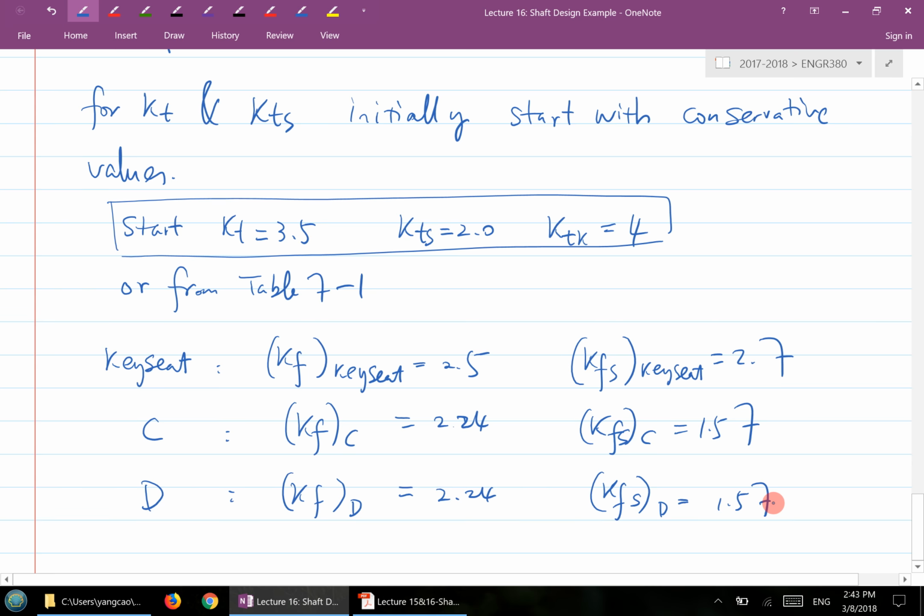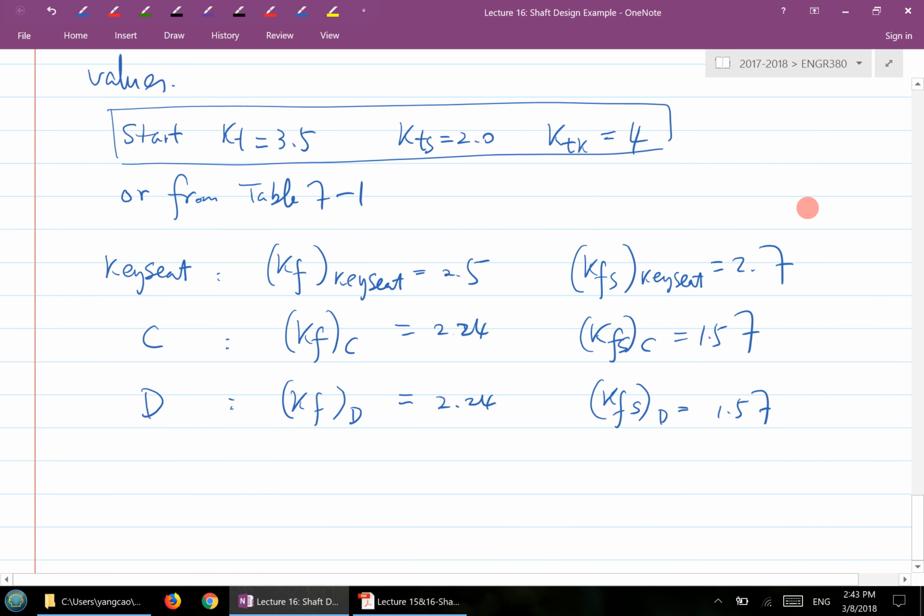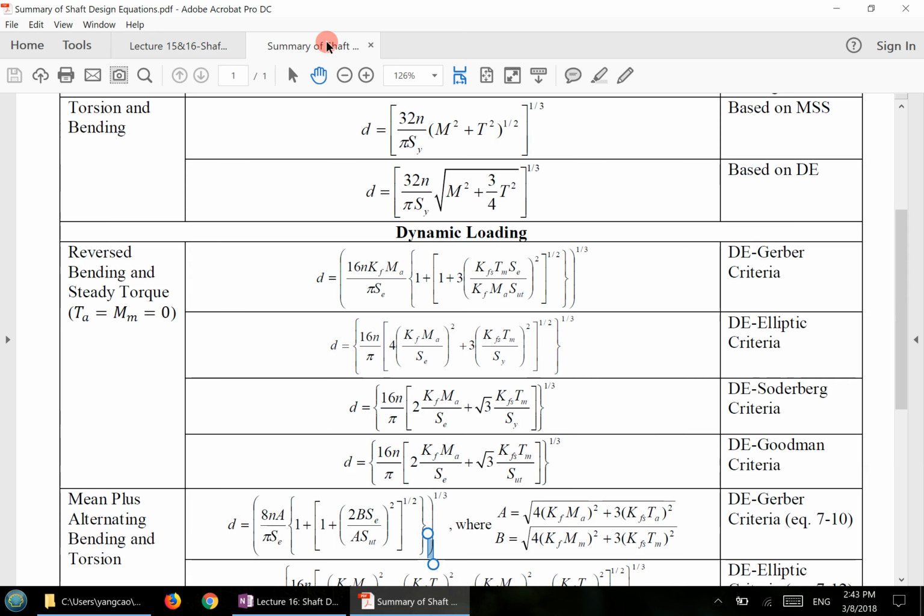Once you get this step, let's look at the shaft diameter formula here. We need to choose a formula for our calculation. Which one did I choose in this example? It actually doesn't matter.